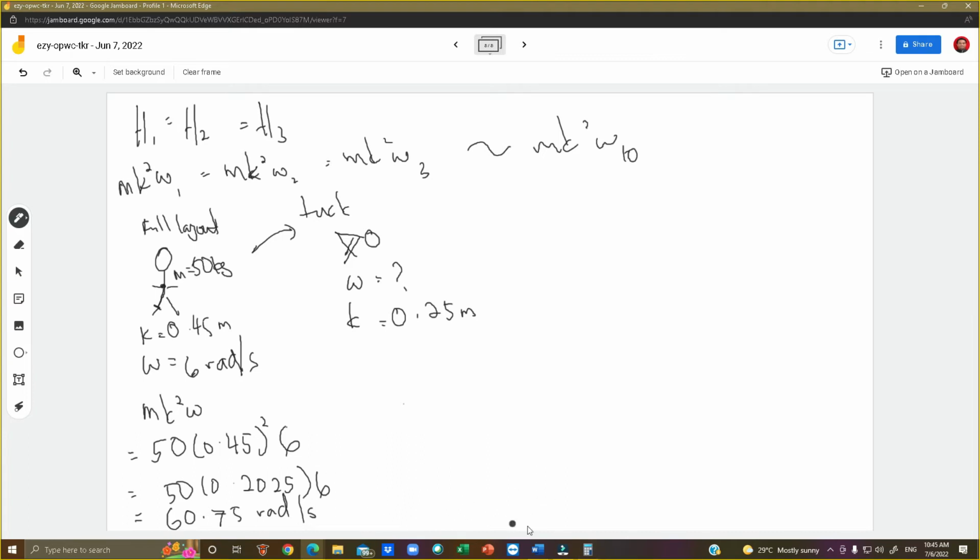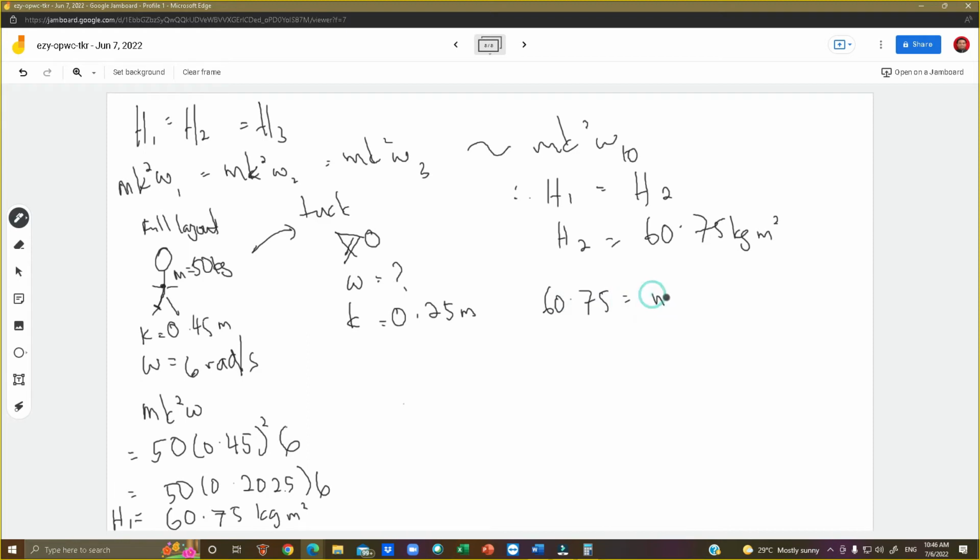This one is momentum. Since H1 sama dengan H2, so H2 ialah 60.75 kgm². This is what we mean as principle of angular momentum conservation. It will be equal. Now you know that will be the answer.